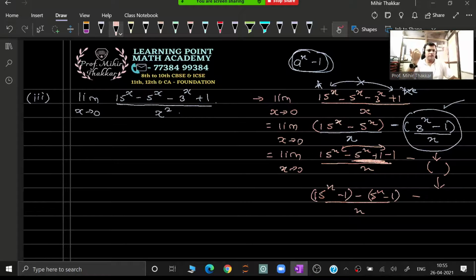And you know the further procedure: separate the terms, apply the limit and so on. So this is the way you have to do it if the denominator is a simple x.